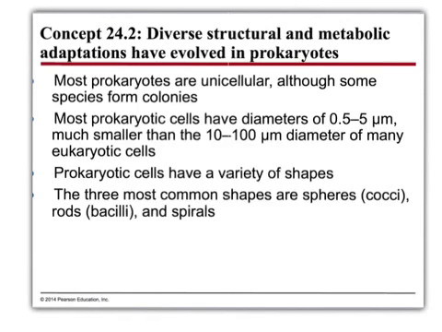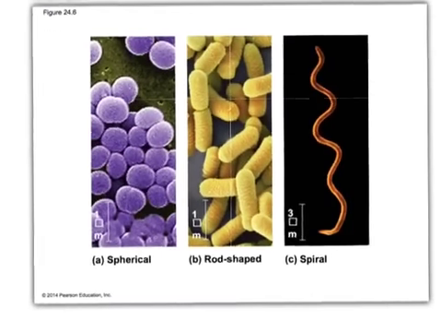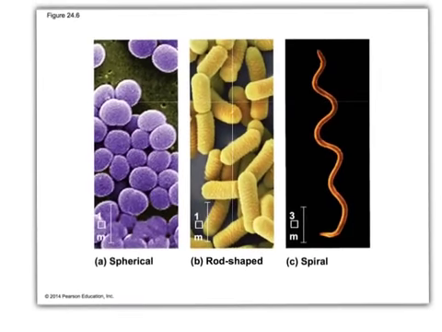What we're going to go through is their metabolism, some of their properties, and then move on. Here are some examples of your spherical, rod-shaped, and spiral. That's a spirillum. So you have different shapes, and then they can be grouped based upon how their unicellular shapes form colonies.